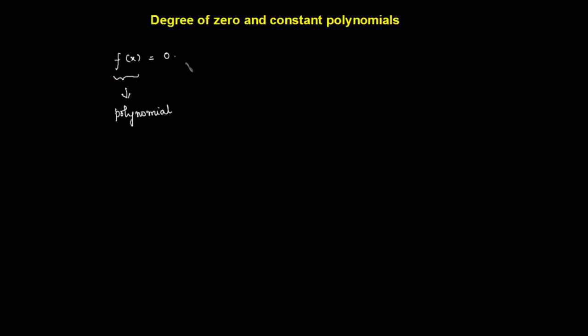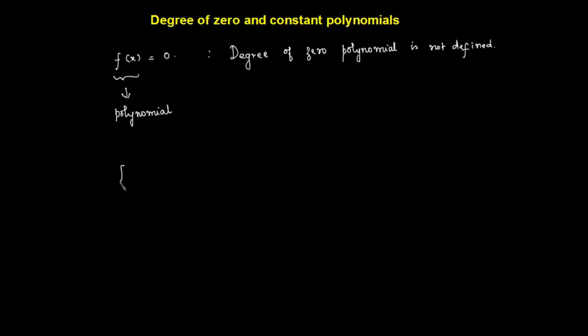Now what is the degree of the zero polynomial? The degree of the zero polynomial is not defined. So for a zero polynomial, you cannot define any degree. So given f of x is equal to 0, which is a zero polynomial, its degree is not defined.